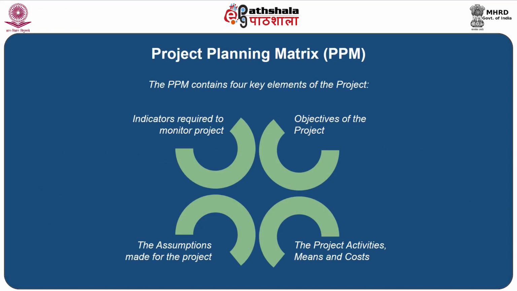The PPM or the project planning matrix consists of 4 key elements of a project: the objectives of the project, activities, means and costs, the assumptions made for the project, and the indicators required for the monitoring of the project. There are 2 components in the PPM. One is called the vertical logic and the second the horizontal logic.